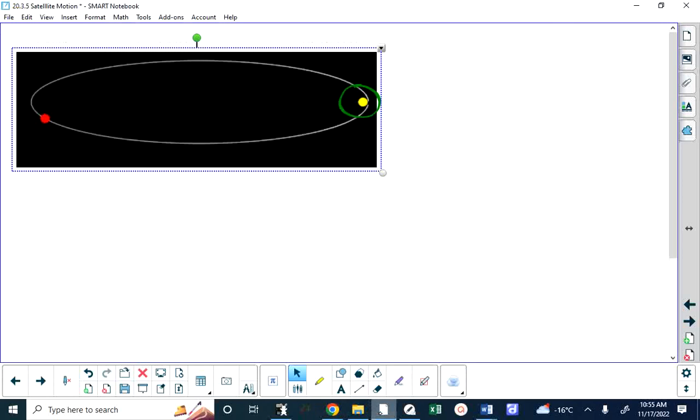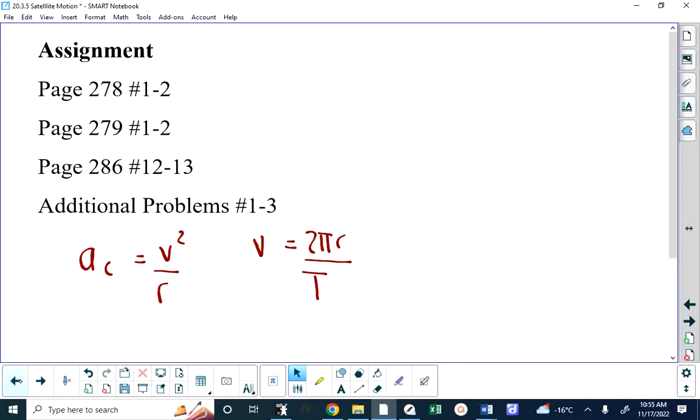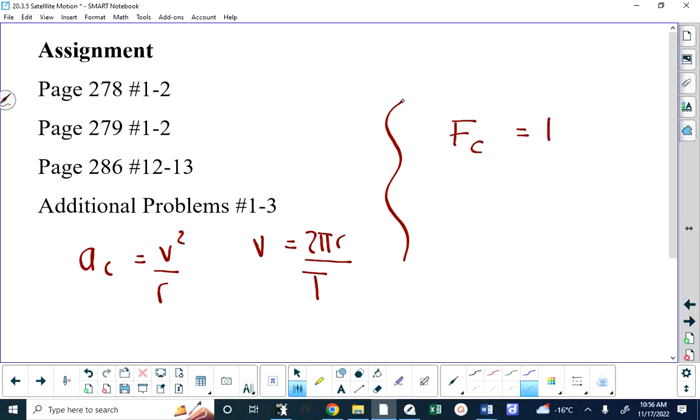All that being said, now let's go back to the beginning here. What we say is that for an orbital satellite that's moving in a circle, the gravitational force is the net force.